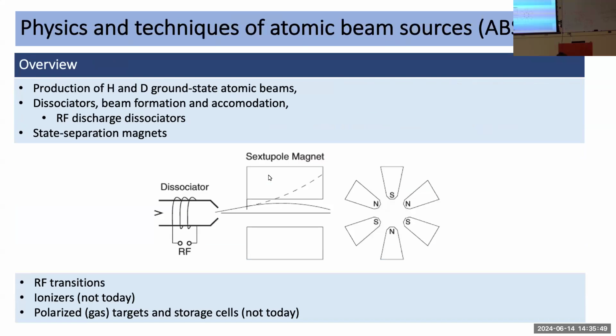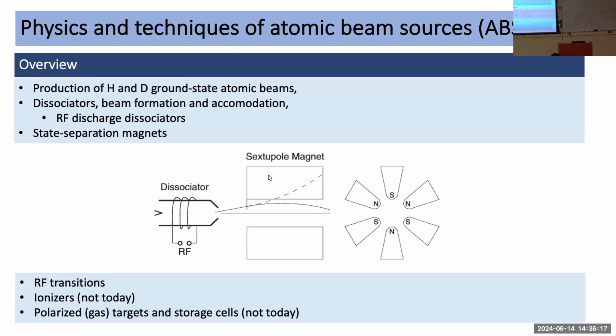Okay, so basically what you start out with usually is you make hydrogen and deuterium in a ground state. You take a dissociator tube, apply some RF, put in hydrogen molecules, and out come, with a high degree of dissociation, hydrogen atoms. You pass these hydrogen atoms through a 6-pole system and get your desired spin separation.